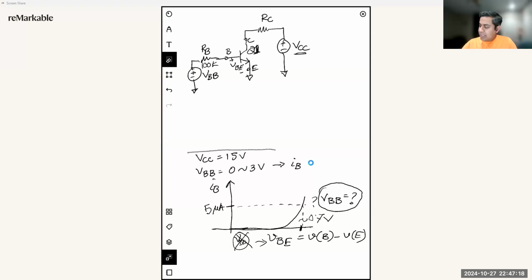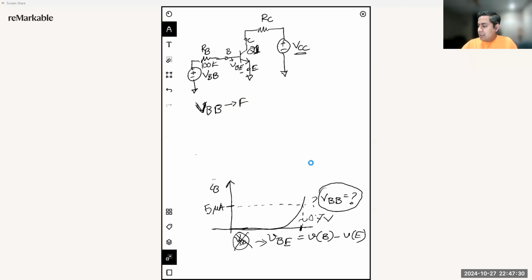So for the second part, we are going to keep VBB fixed at a voltage where our IB current is 5 microampere.